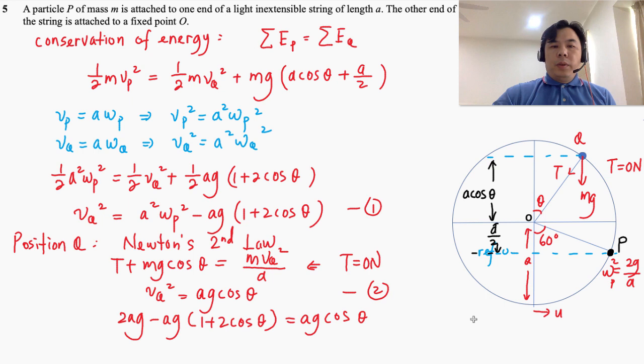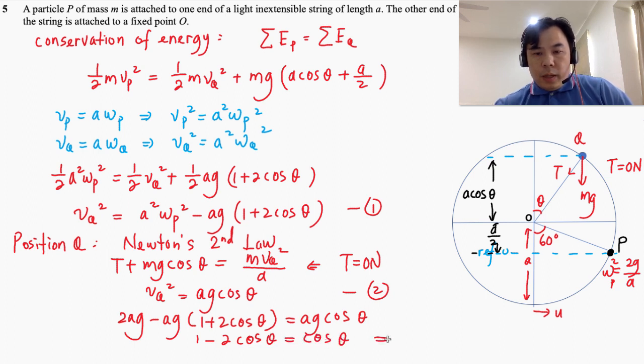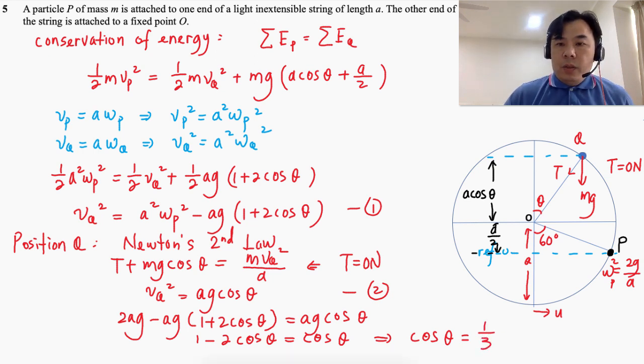Okay, and then there you have it. From here, we can remove all the ag, and then we have 1 minus 2 cos theta equal to cos theta, and that helps us conclude that the value of cosine theta must be equal to 1/3. All right, so I hope that is clear for this question 5.